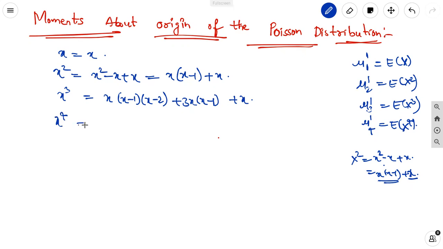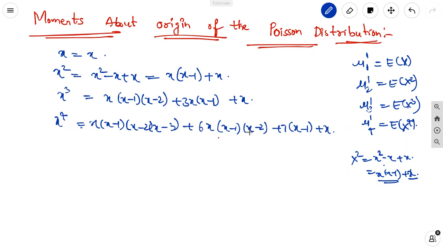In that also, the moments can be found from this expectation of x cube. X to the power of 4 can be written as x into x minus 1 into x minus 2 into x minus 3 plus 6 into x into x minus 1 into x minus 2 plus 7 into x into x minus 1 plus x.